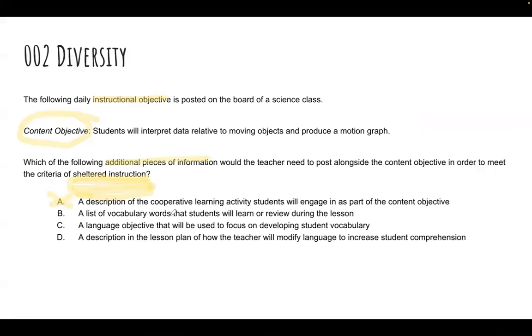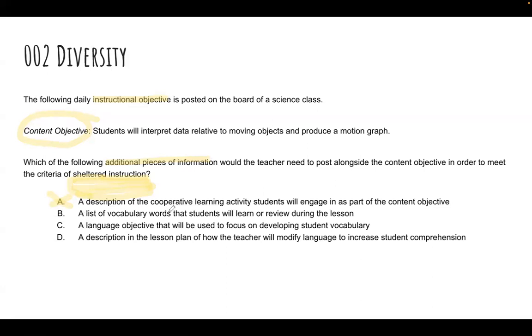We can bet ourselves $5. What else? Remember, they're asking us, alongside this content objective, this instructional objective, what else should be there? And we already got rid of the description of a cooperative learning. We're not going to write a whole description of cooperative learning. That's not going to be there.